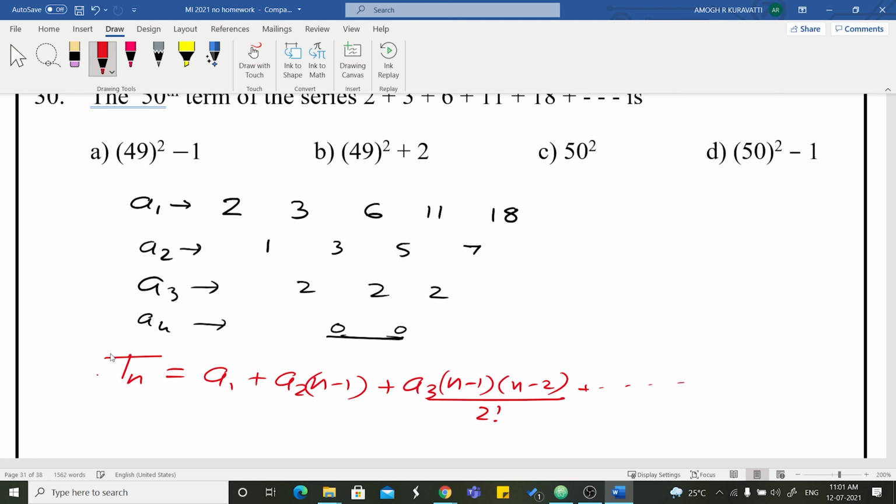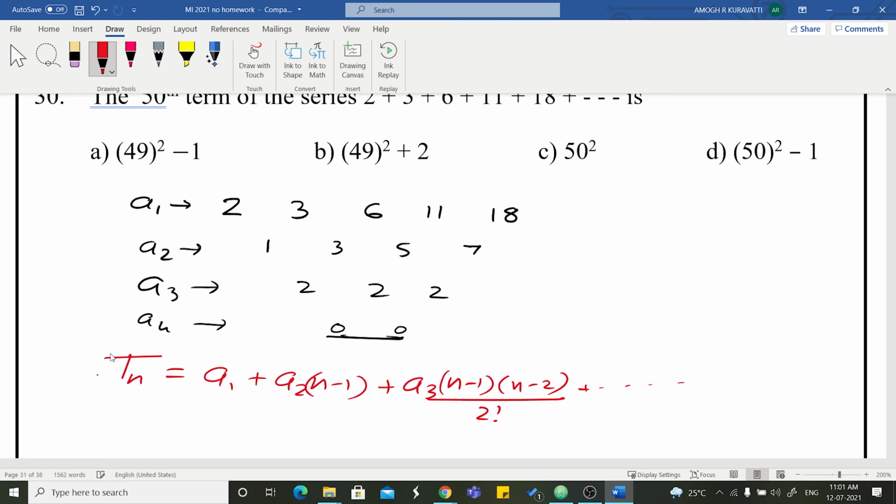T50 is asked. So first let us solve this. What is A1? Afterwards we take 50. So A1 value is 2, A2 value is 1 of n minus 1, A3 is 2 of n minus 1 into n minus 2 by 2 factorial, which is nothing but 2. 2 cancel.